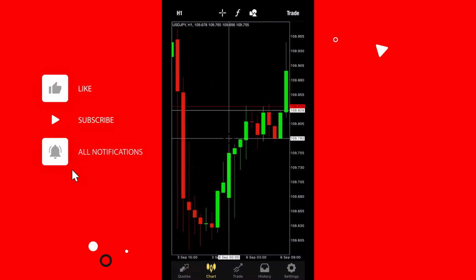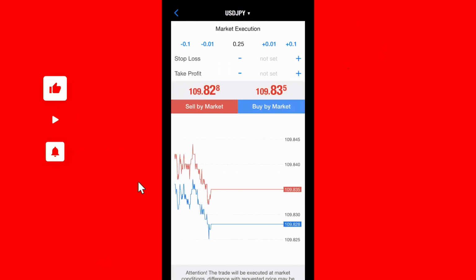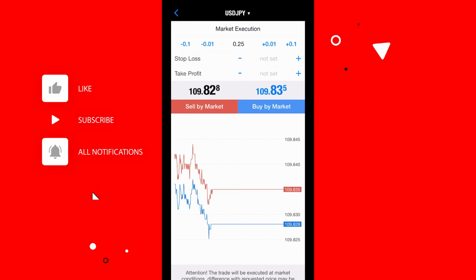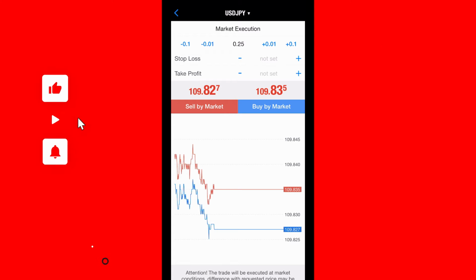All right. And whenever you're ready to place a trade, you would click on the trade button right here. And this is where you would enter into trades. Now, you would need to watch some of the videos on my website about creating the proper lot size. Where you see it says 25 cents over there, that will be considered a lot size. So every time this little line moves, it's moving my currency pair at 25 cents a pip.